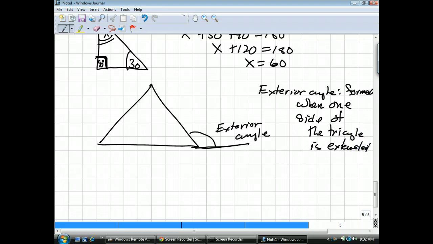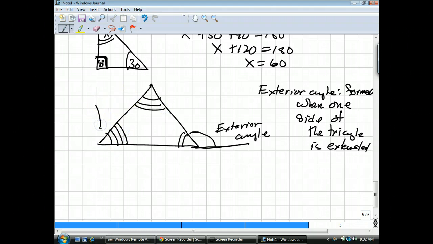And notice it is outside the triangle. Okay. Then there's an angle adjacent to the exterior angle that is on the interior of the triangle, and then the other two angles, which would be this one and this one.